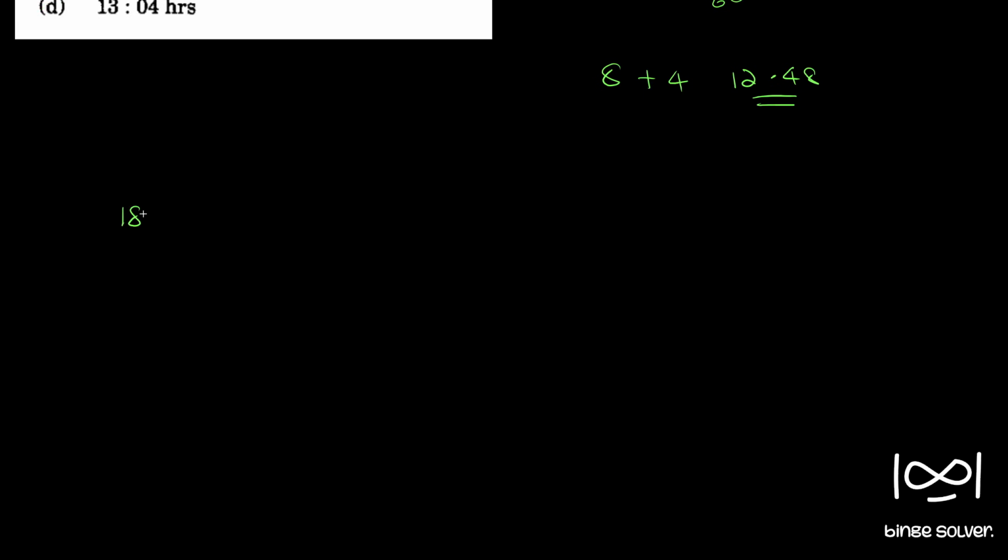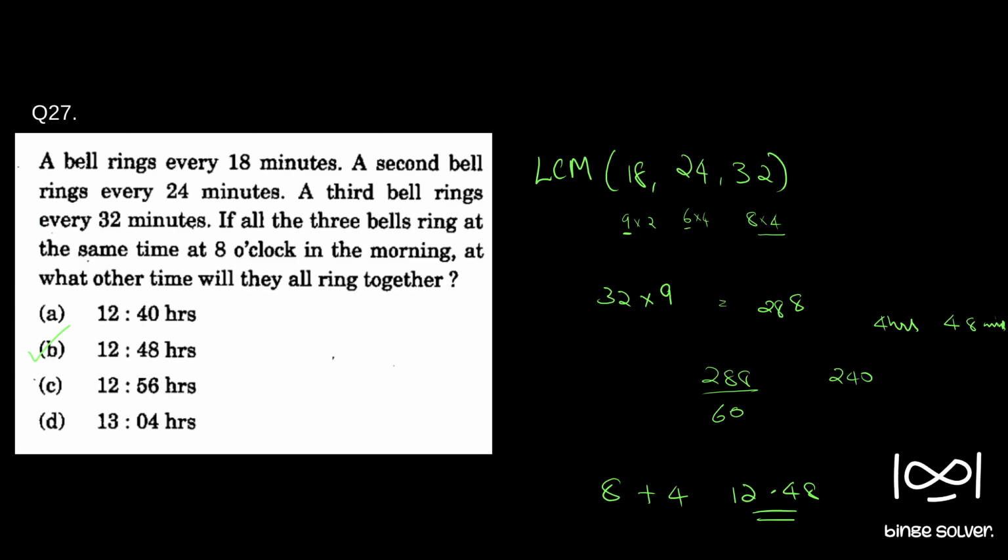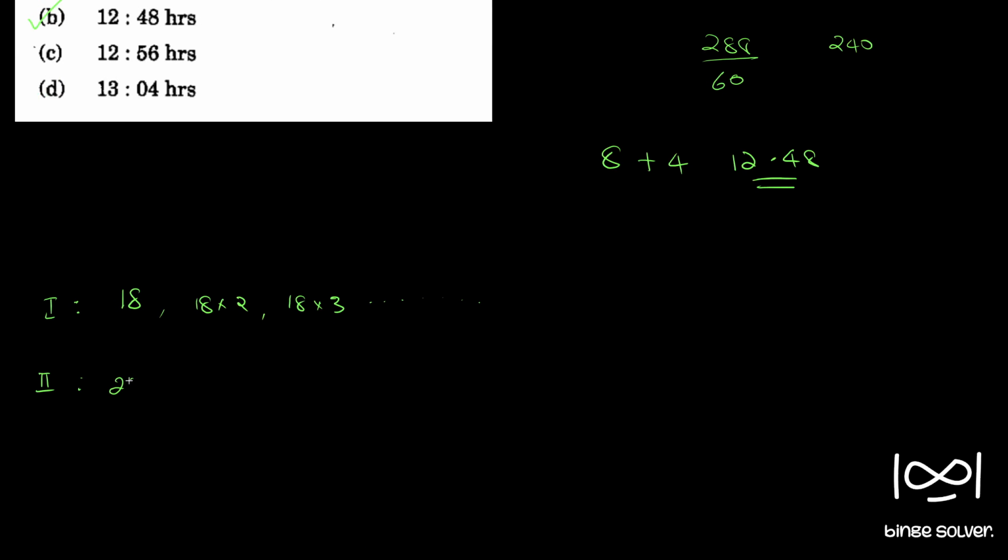So 18 into 1 is when the first bell rings, then 18 into 2, then 18 into 3, and so on. Similarly, the second bell rings after 24, then 24 into 2, then 24 into 3. The third bell rings at 32, then 32 into 2, 32 into 3, and it goes on.